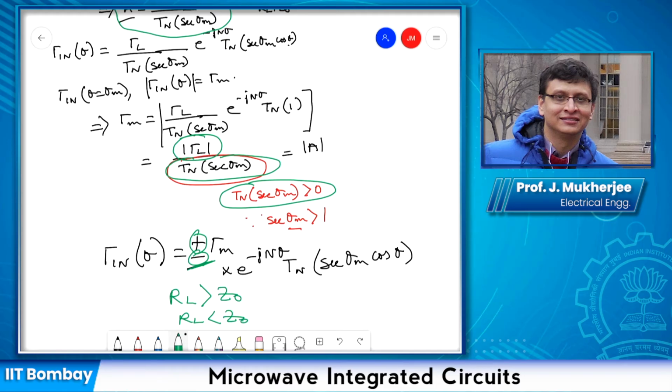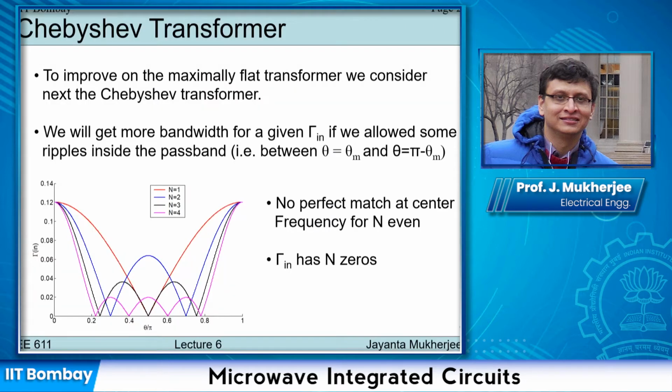So now, if we plot this prototype function, it looks something like this. This graph shows the Chebyshev prototype function, that is the gamma n value, not just the Chebyshev polynomials, for the various orders like n equal to 1, 2, 3, and 4.